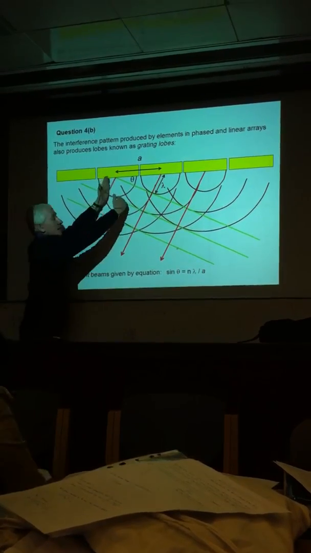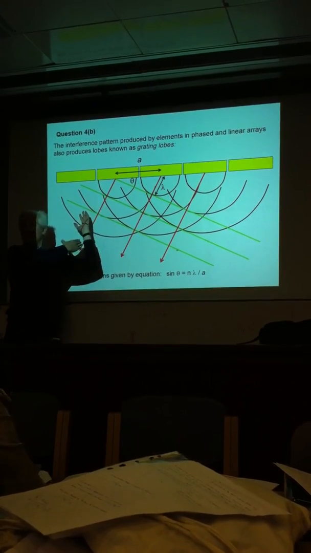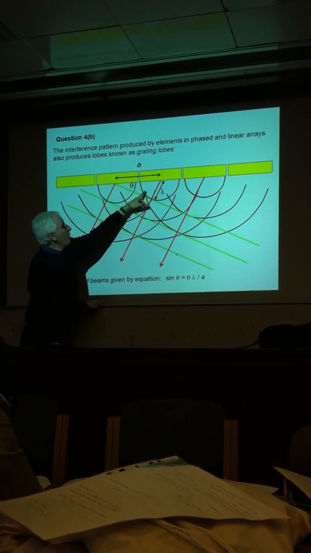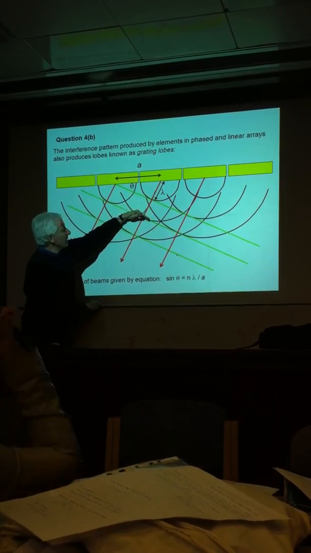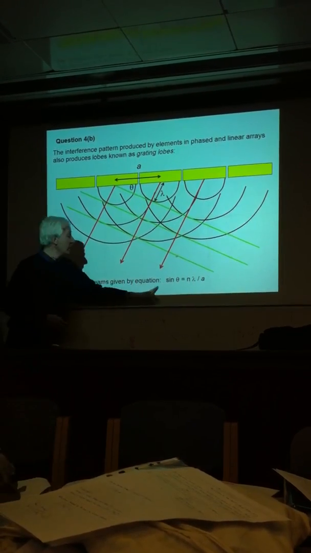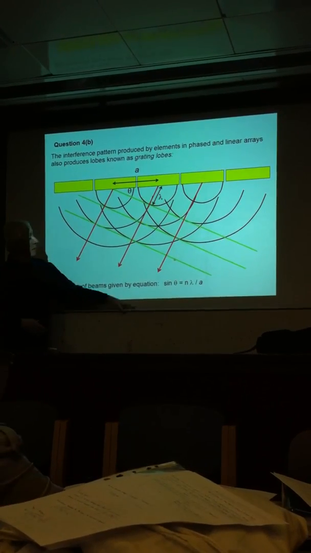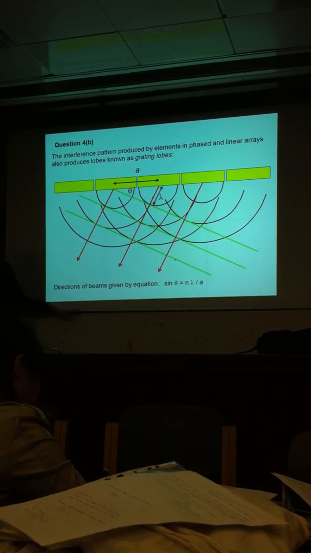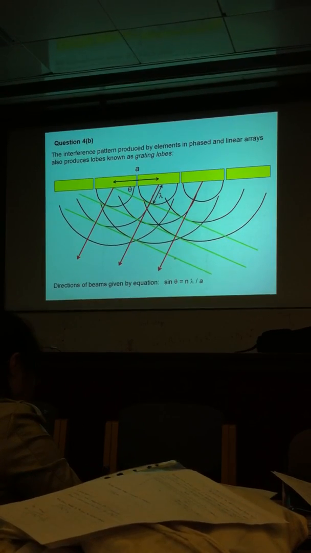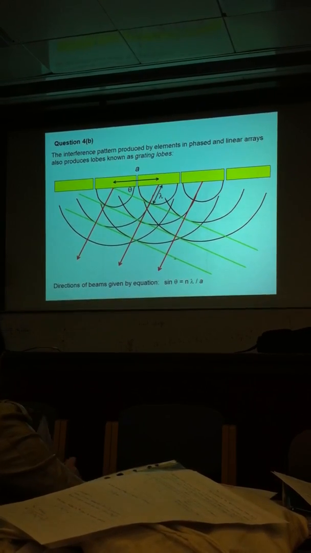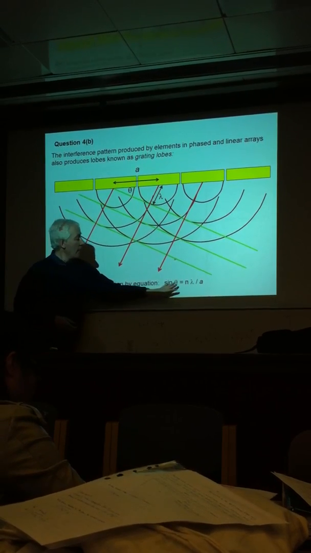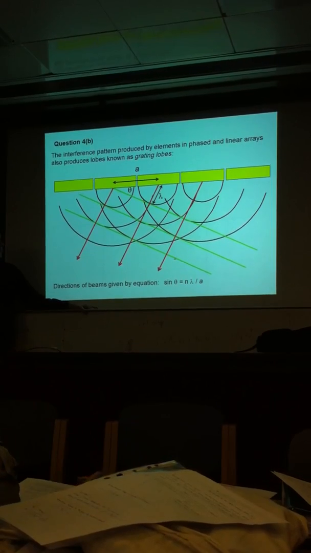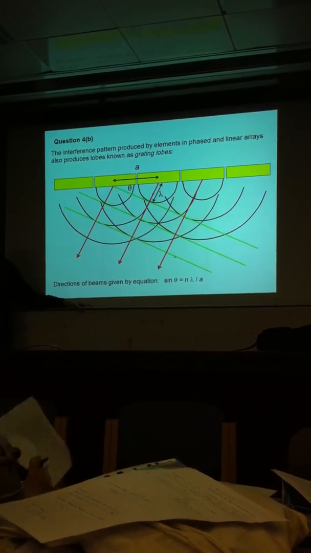You can keep doing that until it surpasses 90 degrees, and then that no longer becomes possible. So all the possible angles for which these grating lobes can occur is given by this equation here, where sine theta equals n lambda over A. Providing theta doesn't exceed 90 degrees, then those are possible angles at which the grating lobes can be generated.